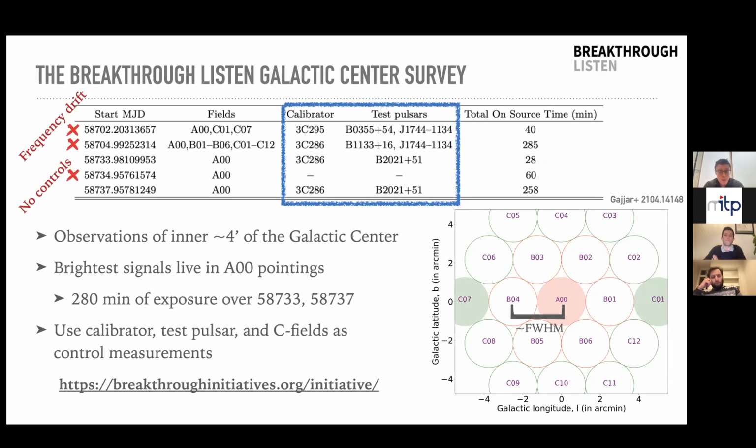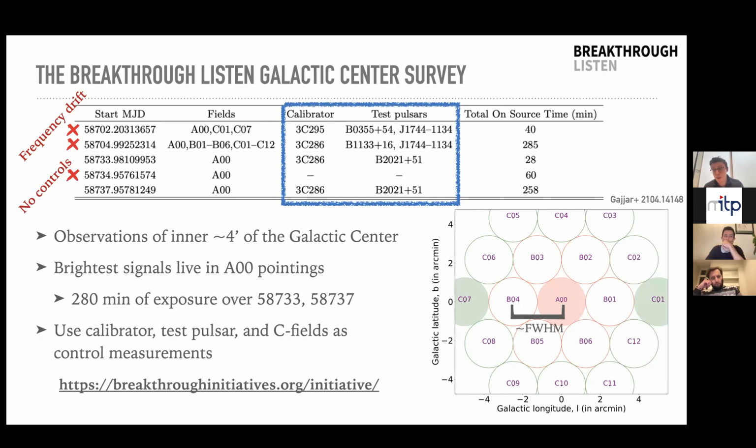So on top of that, we actually have to exclude a few of the pointings that were made during this observing campaign. The first 2 pointings, the ones performed on modified Julian date 58702 and 58704, would be great observations to use.